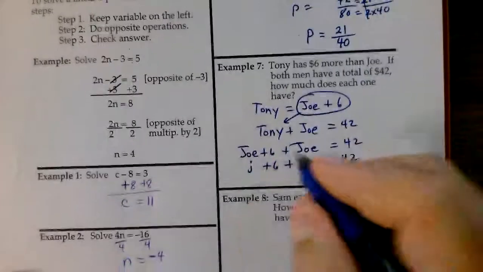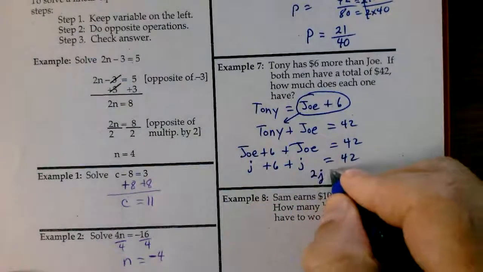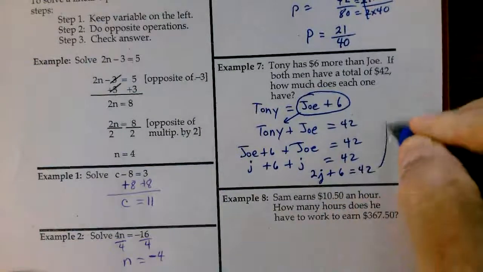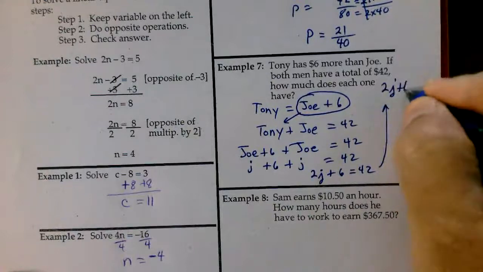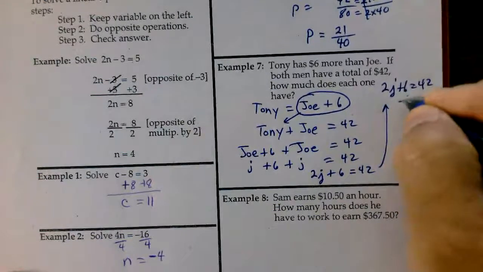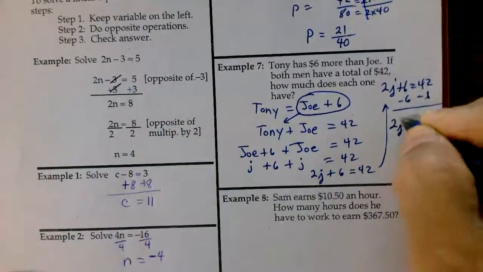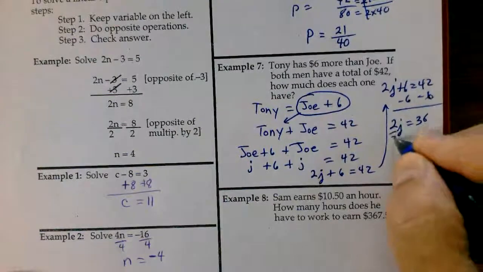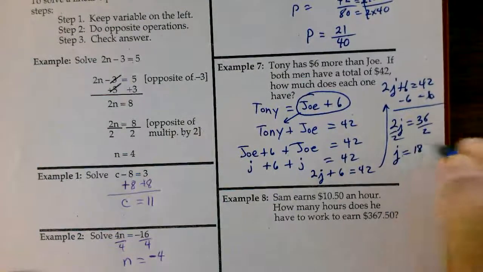You can simplify this by combining the J's and get 2J plus 6 equal 42. Take away 6, take away 6. You get 2J equals 36. And then divide by 2, and you get Joe has 18.